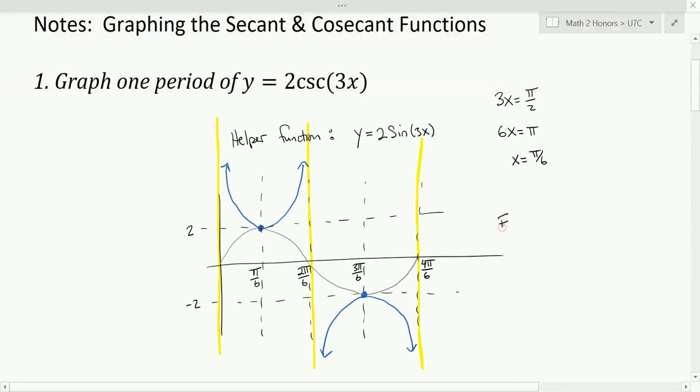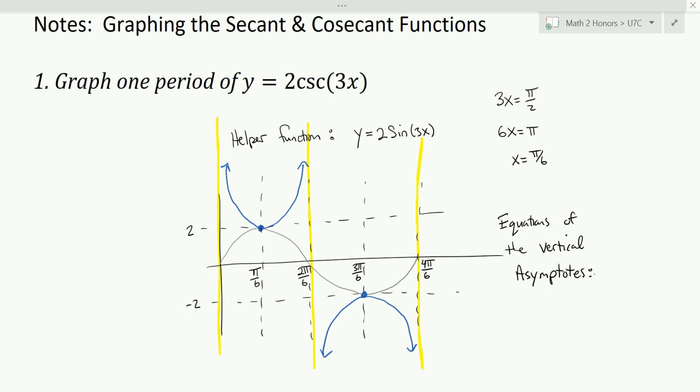So what are my equations of the vertical asymptotes? And here's how you spell asymptote: A-S-Y-M-P-T-O-T-E. Okay. So I have 3 vertical asymptotes that I highlighted. These are vertical lines that your graph won't pass through, but it gives shape, and the graph gets closer to it.